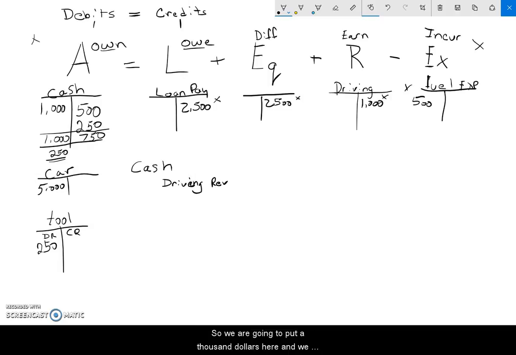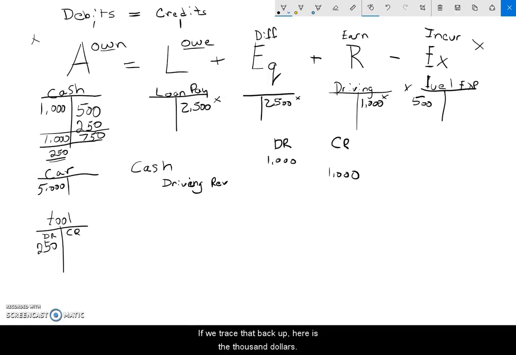Forgive my spelling. As I did in the T account. So we're going to have $1,000 here. We're going to put $1,000 here. This is the debit side. This is the credit side.